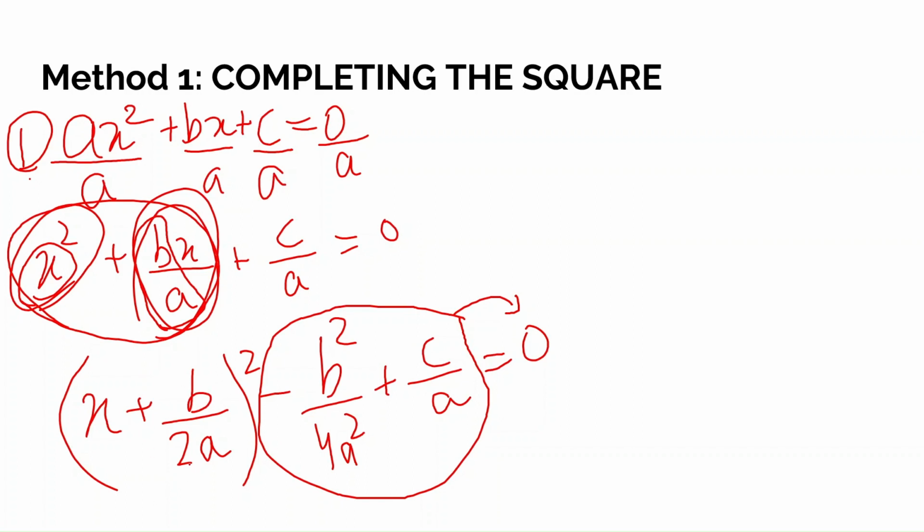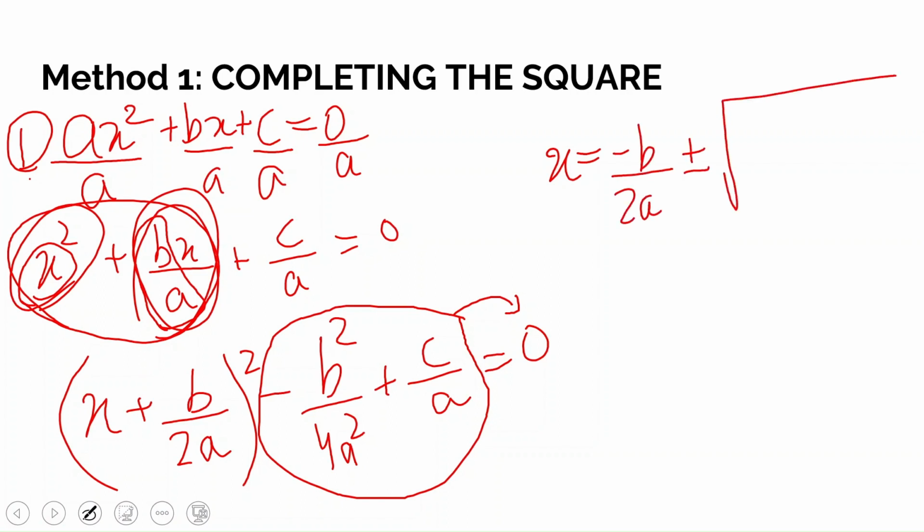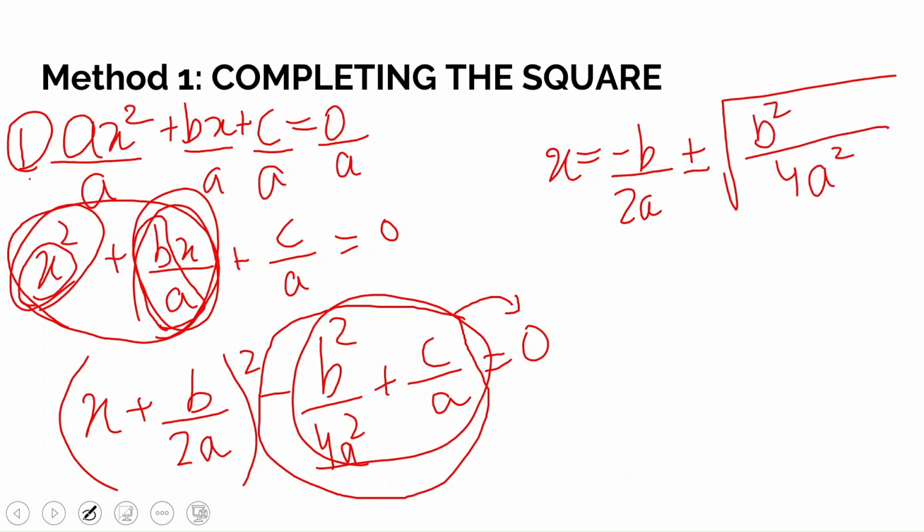So the final answer that we're going to get is x is equal to minus b by 2a plus minus the square root of, take the LCM of this, which is going to be 4a squared. This is going to be b squared, and c has to be multiplied with 4a, so minus 4ac.